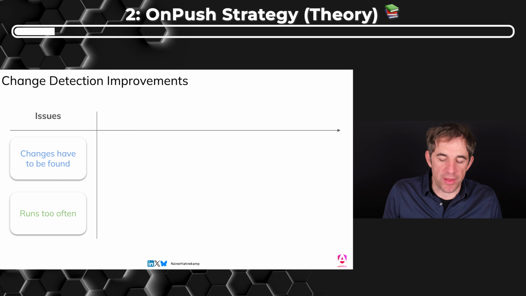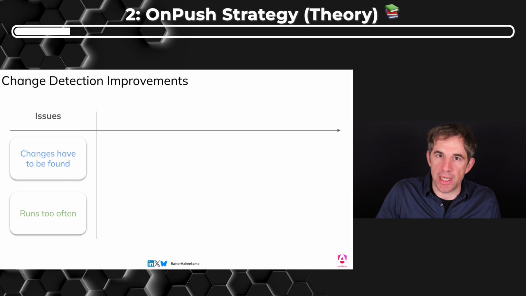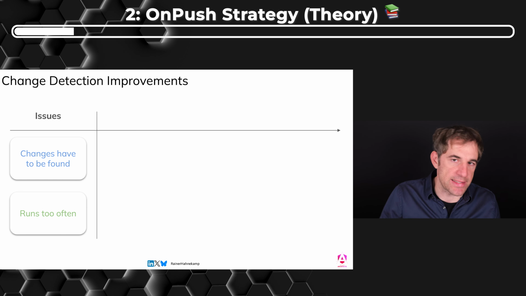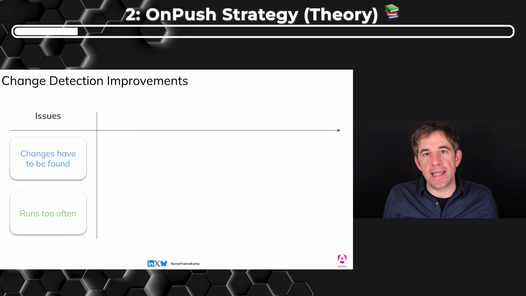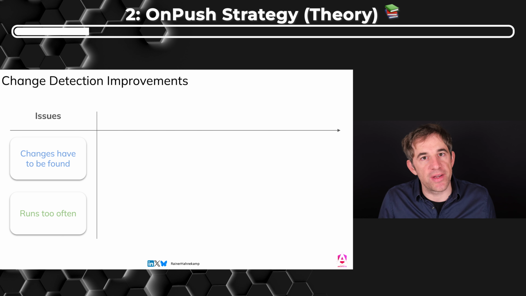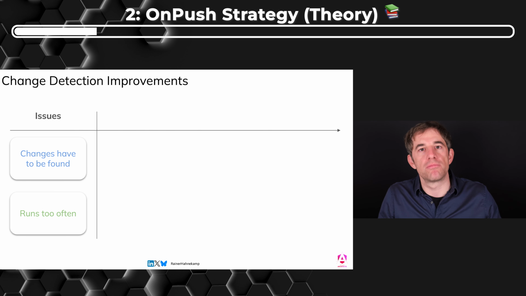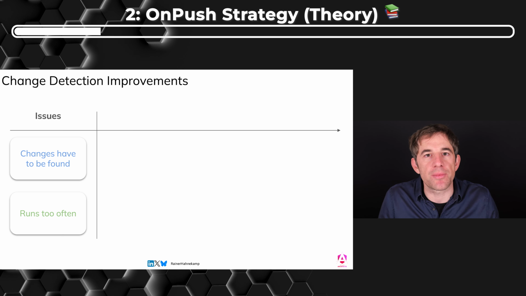So it could be the case, as we have seen before, that at the very lowest component in our tree, a change happened, but still change detection needs to start at the very top and it has to go through. In the worst case, it could be that I have, for example, a button, I click on it, then I have a handle DOM event, and then my method is just saying console log, hello, or you have clicked me, or something like this.